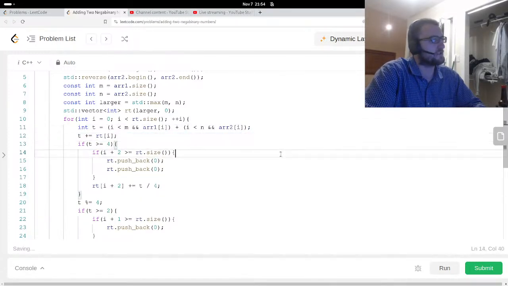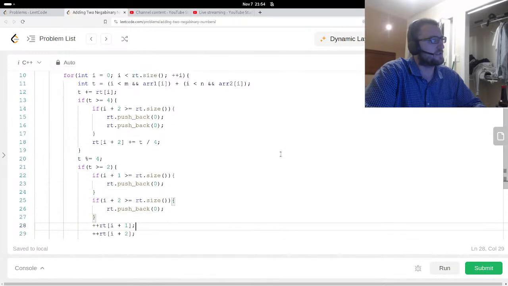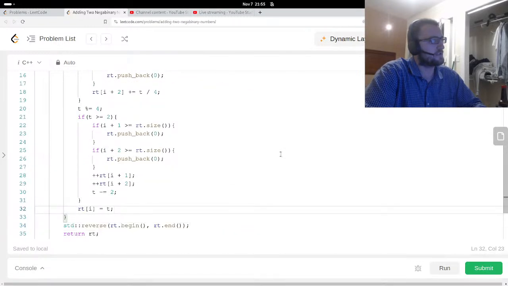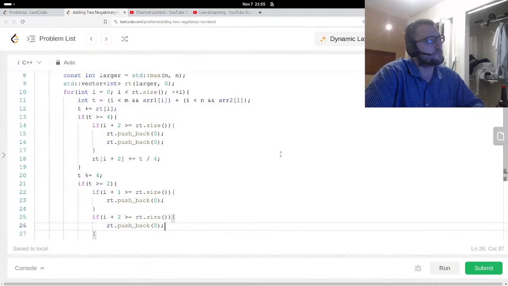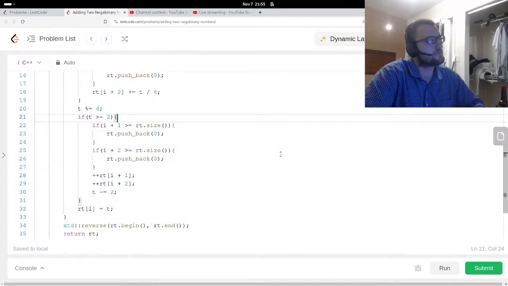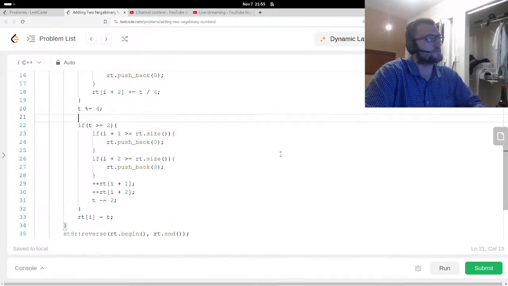That basically is just, T is 2 and I plus 1 is less than RT dot size.